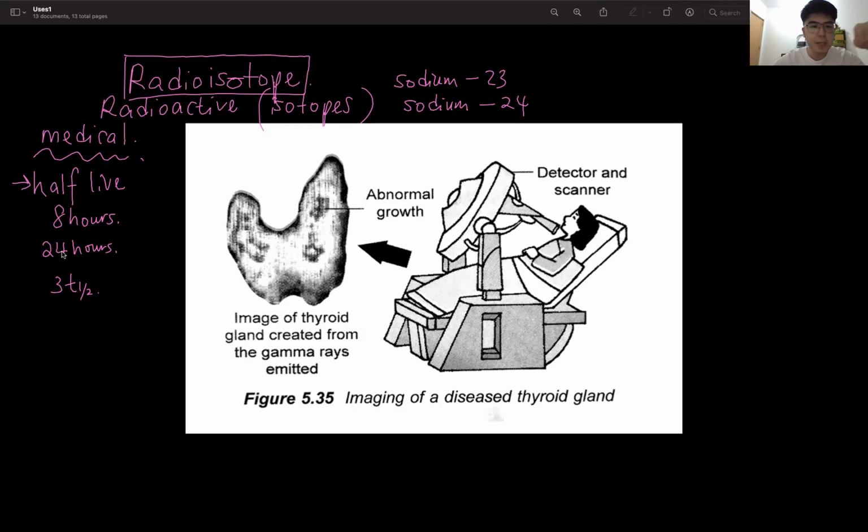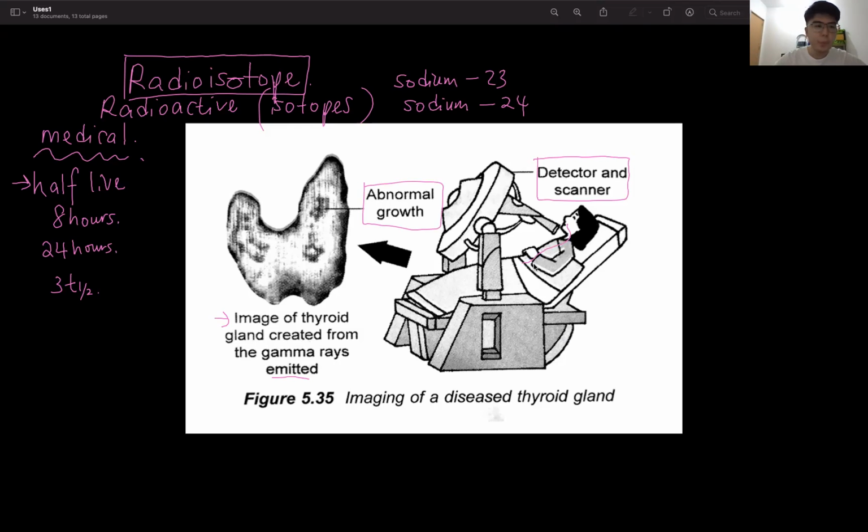Here, the image of the thyroid gland is created from the gamma rays emitted, and it shows some abnormal growth. You're able to visualize all this with a detector scanner.